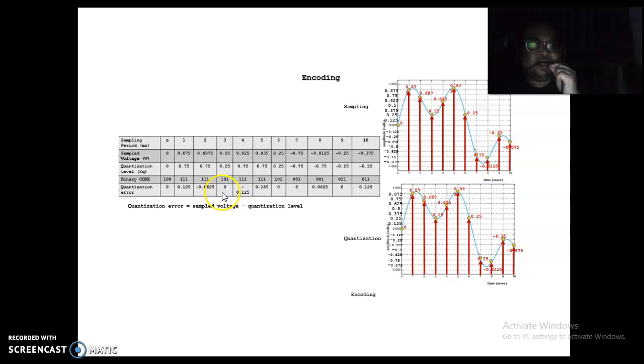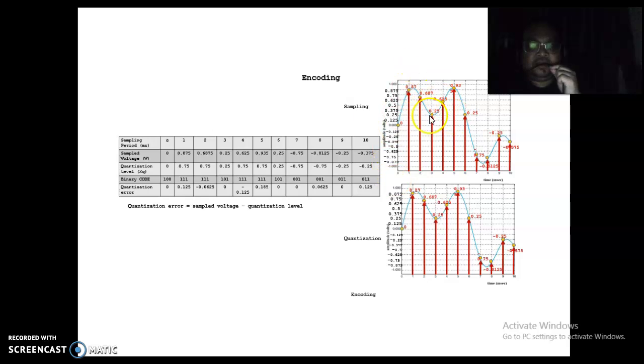But in quantization, you have different values for your sampled voltage. So there is now a difference between the sampled voltage and the quantization. Sometimes the quantization falls below or above the sampled voltage, so there is an error. That error is what we call the quantization error.